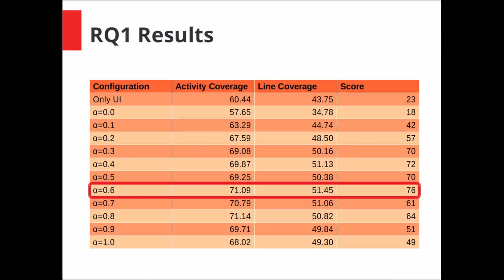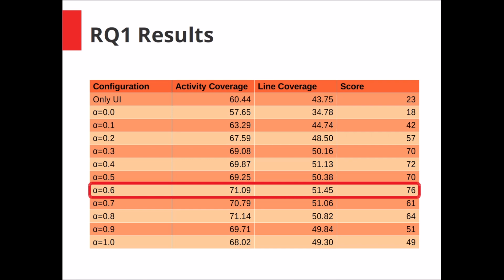The results for RQ1 are described by the following table. For each of the 12 configurations, we list the achieved activity and line coverage, as well as a score based on tournament ranking.